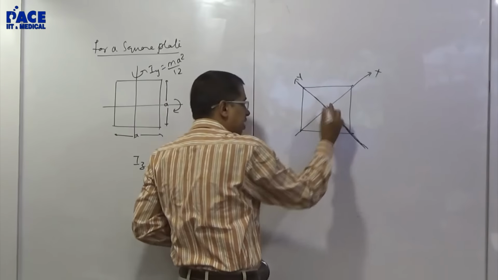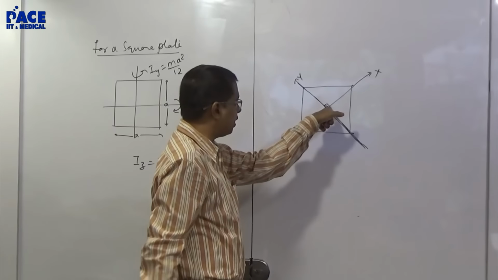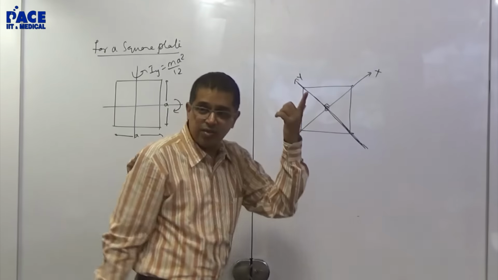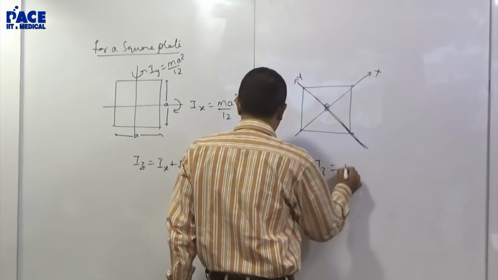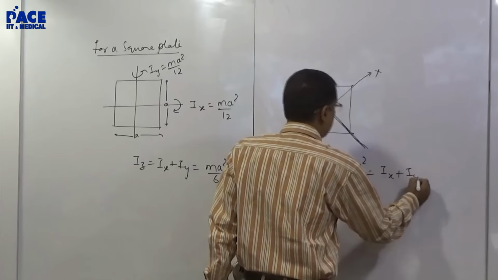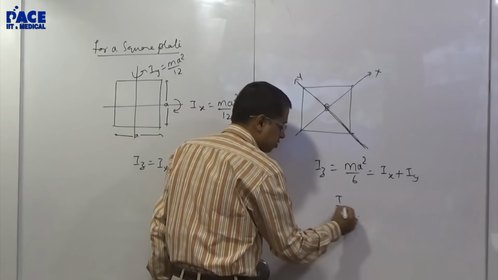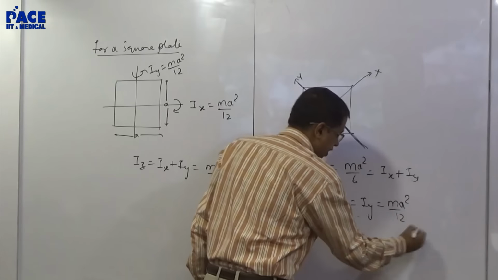Till when they are in the same plane, till when they are perpendicular, and till when z-axis is going perpendicular to the plane, Iz is equal to Ix plus Iy is applicable, right? So I can write Iz is equal to ma square by 6 is Ix plus Iy. This is x-axis, y-axis. I will get Ix is equal to Iy is ma square by 12.